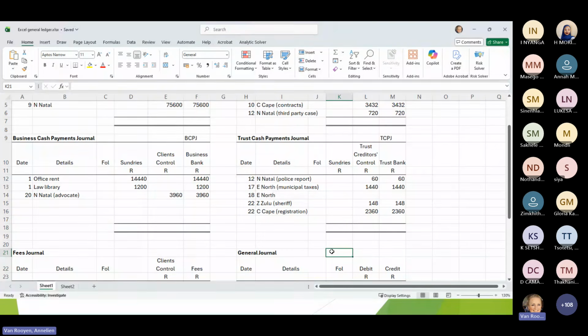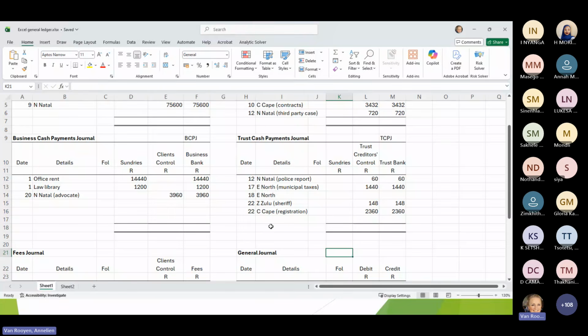Receive office rent of 1,400 from ASA for subletting a section of the premises. Receive office rent. Where does that go? Business cash receipts. Good.